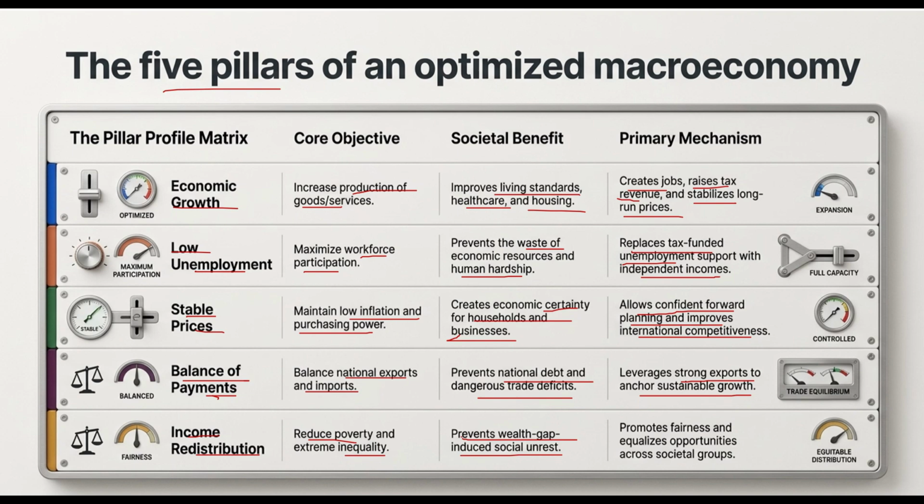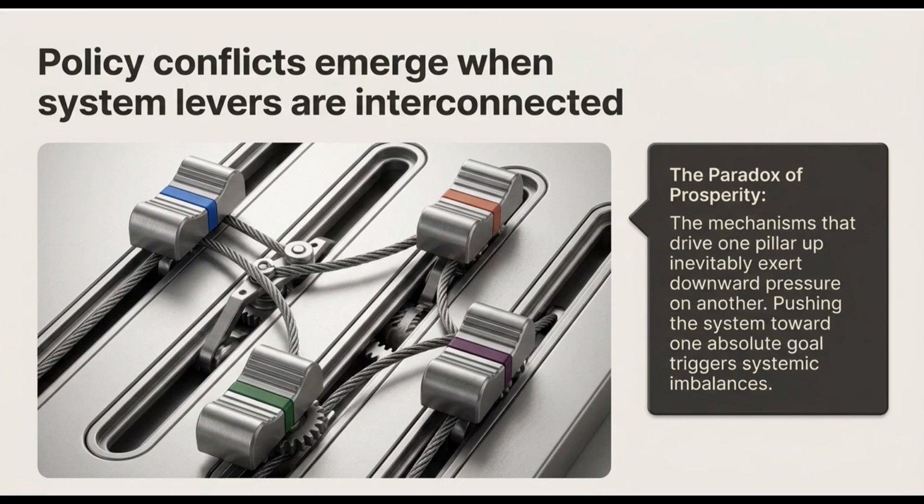And they will also provide pensions, scholarships, and other supporting aids for the poor people, right? So that is how the government is focusing on redistribution. So that will definitely improve the society, right? The life quality of people. So it promotes fairness and equalizes opportunities across societal groups. So these are the five pillars of an optimized macro economy.